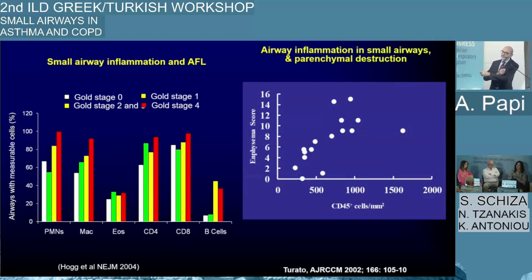This comes from the group of Marina Saetta, who, a long time ago, found the correlation between the severity of the emphysema score in pathological samples compared to the intensity of the inflammation, again in peripheral airways.